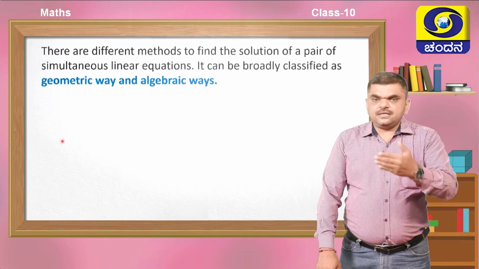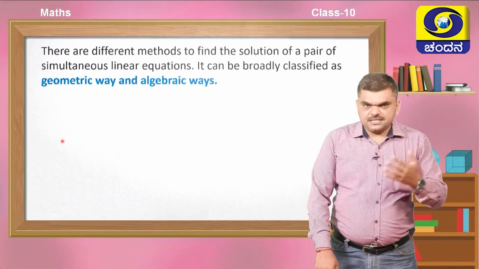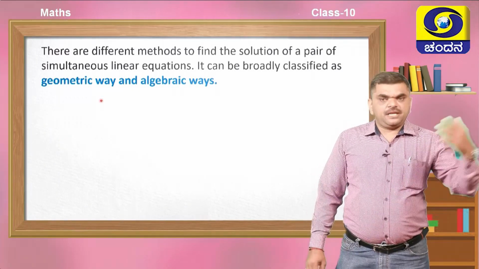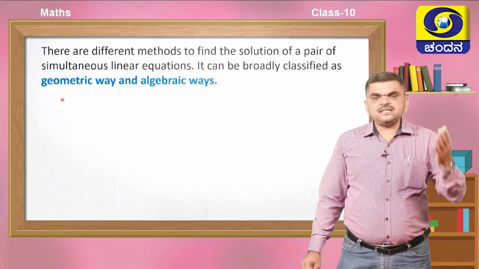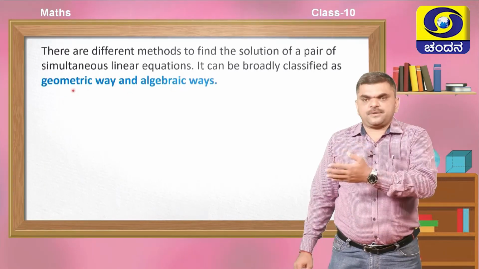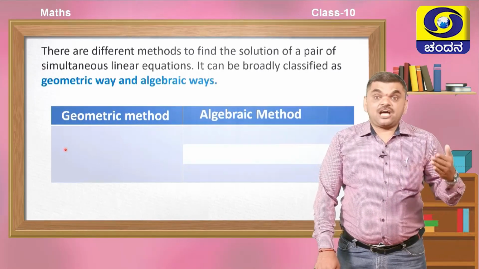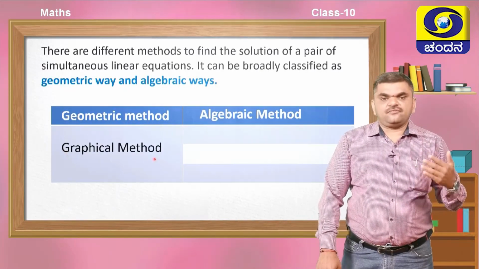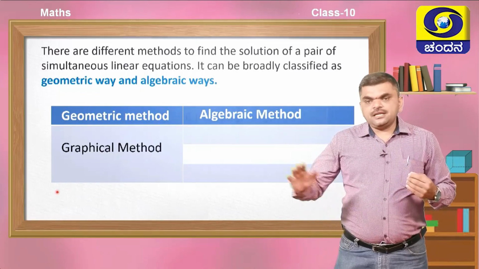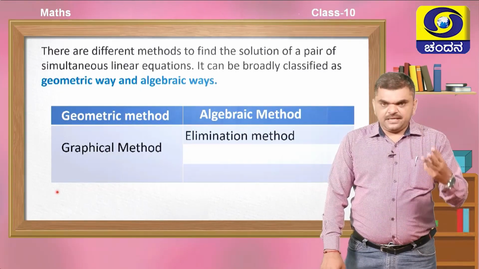For getting the solution of a pair of simultaneous linear equations, we have many methods. That is the geometric method and algebraic methods also. In the geometric way, it is called the graphical method. But in algebraic, we have 3 methods.